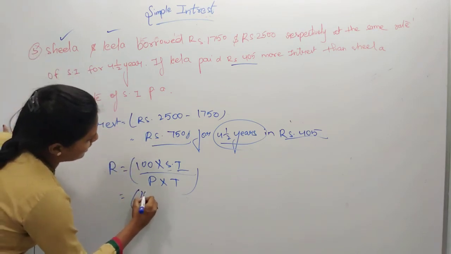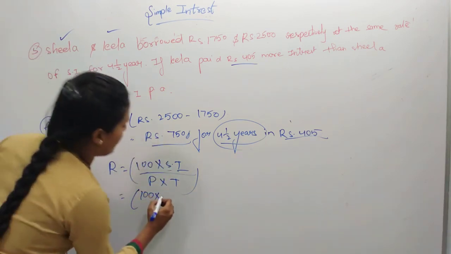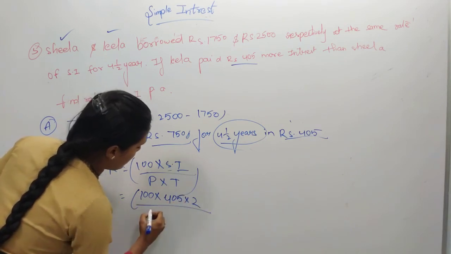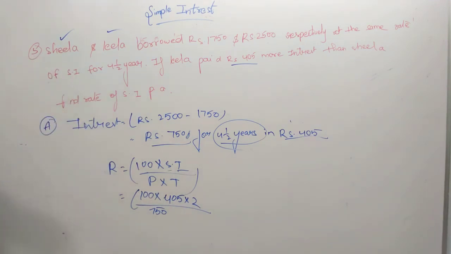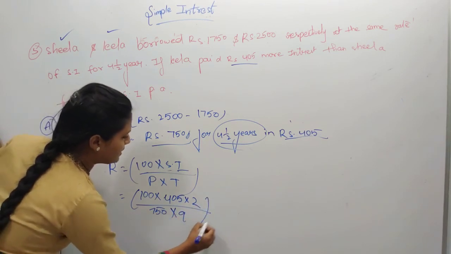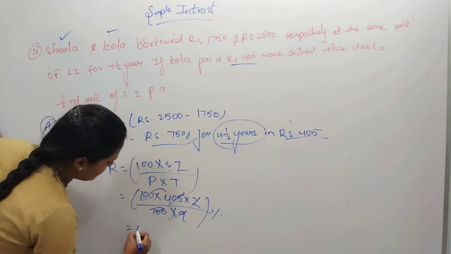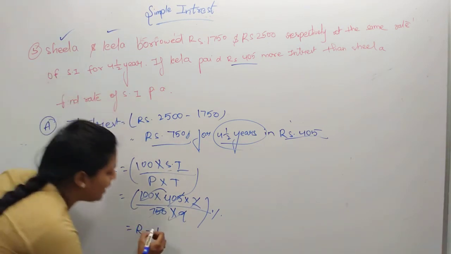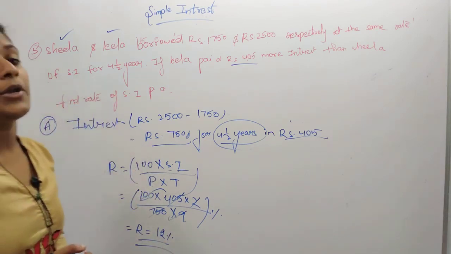What will we get? 100 into SI, 405, into 2 by principal 750 into the time given here, 9. What is the rate percent now? By doing the cancellation of all this, rate percent is equal to 12%. This is the final answer. Okay, we will continue in the next class.